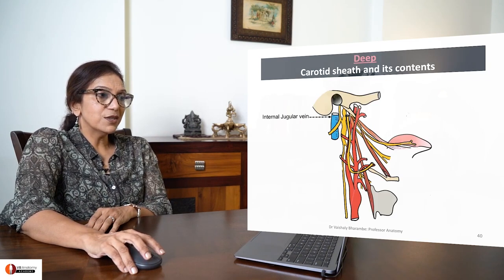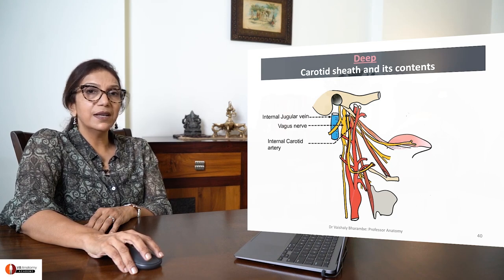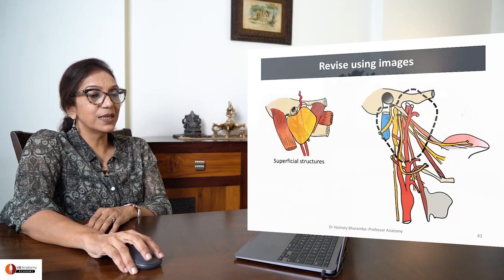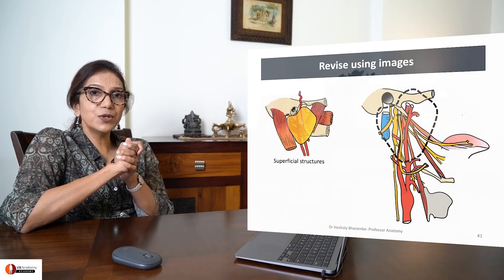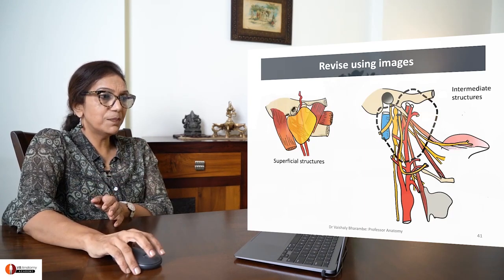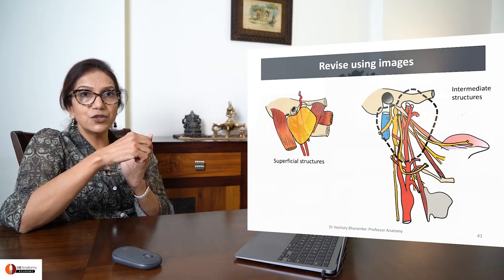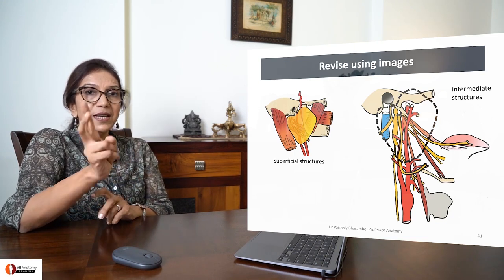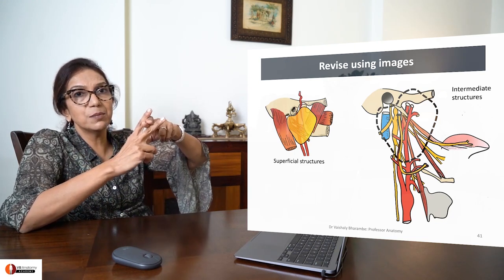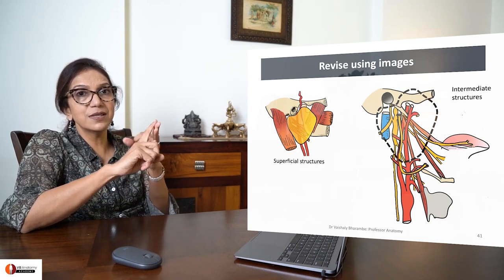Right. Deep structures you can see are internal jugular vein, vagus nerve and internal carotid artery enclosed within the carotid sheath. So let's revise the posterior part. The superficial structures were two, parotid gland and external jugular vein. The intermediate structures were internal and external carotid artery and structures in between, that is styloid process, styloglossus, stylopharyngeus.